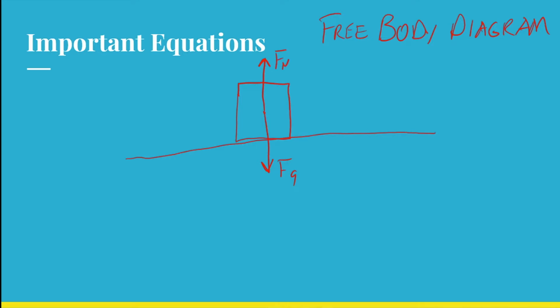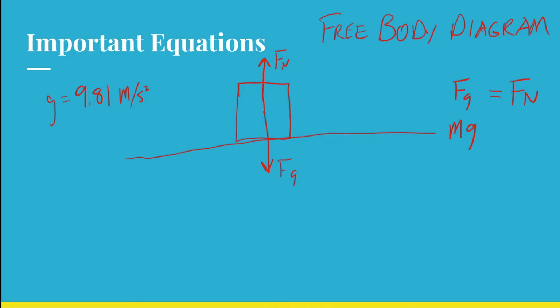And I can know something very particular right here, is that the force of gravity, which I can write as m times g, m being the mass of this object, g being 9.81 meters per second squared, the acceleration due to gravity, this should be equal to the normal force in this particular situation.